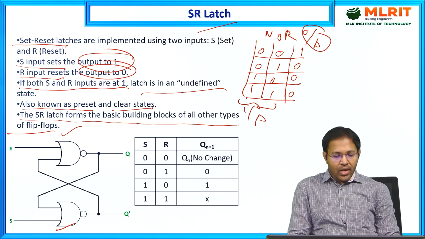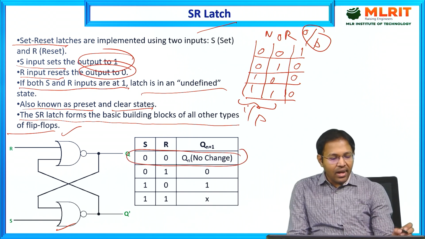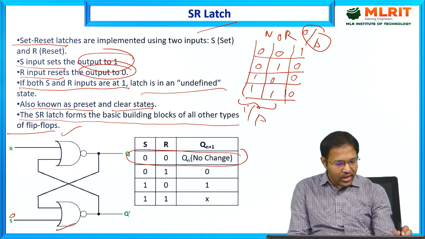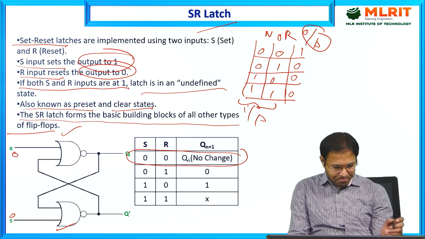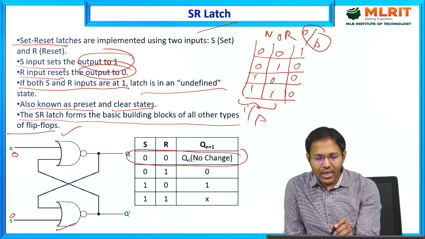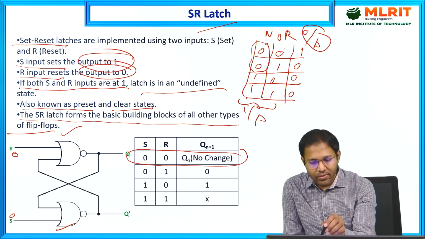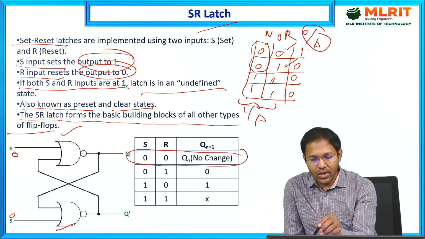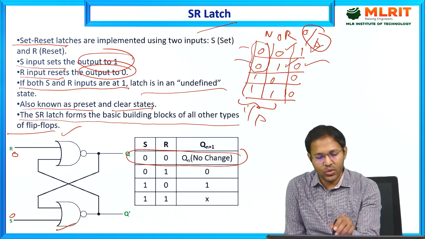Okay, so now let us say both S and R are 0. We have a 0 here and a 0 here. What is the situation? Now, if one of the inputs is 0, we need to check what the other input is, and only then can we identify the output by looking at the first 2 rows.